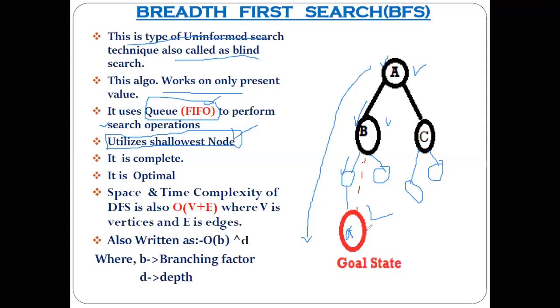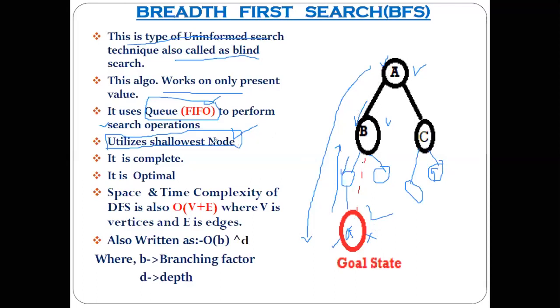If this is the goal node, then it is okay. But if this is not the goal node and the goal node is here, then you come to the last point and again you have to backtrack. So in case of the depth first search, we are choosing the deepest node.